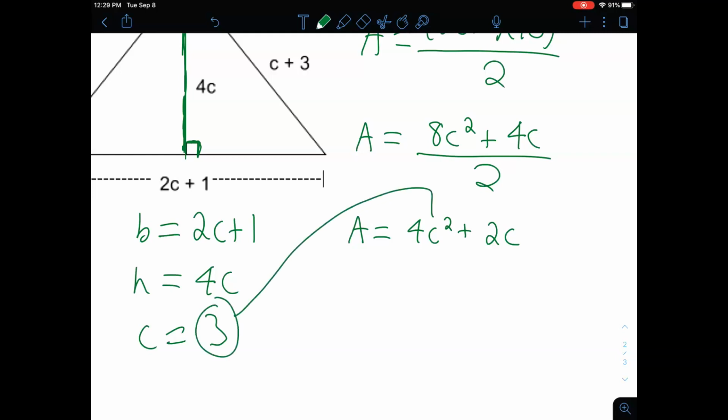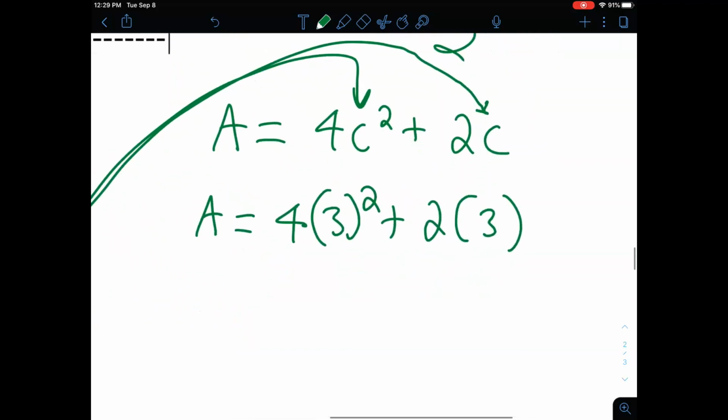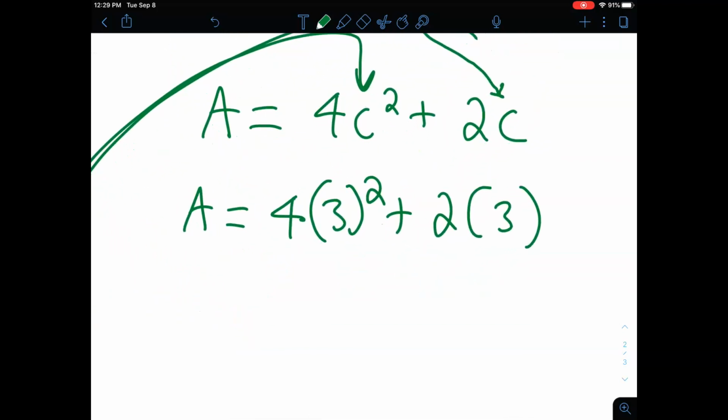But now we can take the c equals 3, we can plug it in here, and plug it in here. So area is going to equal 4 times 3 squared plus 2 times 3. Any parentheses to deal with here? There are parentheses, but not really. Is there any exponents? Yeah, we got an exponent here.